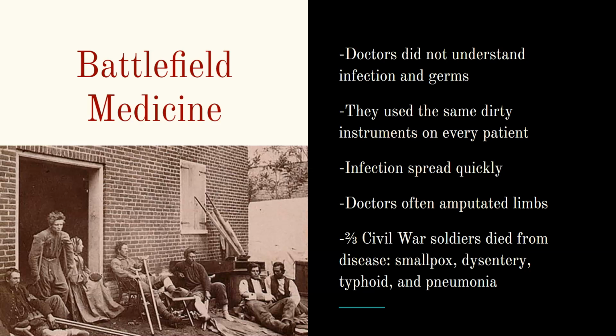They didn't have anesthesia to put you to sleep yet. Sometimes they had chloroform that would kind of put you to sleep, but they often ran out of chloroform. They'd literally give you some shots of whiskey and amputate while you were awake. Civil War medicine was absolutely atrocious.